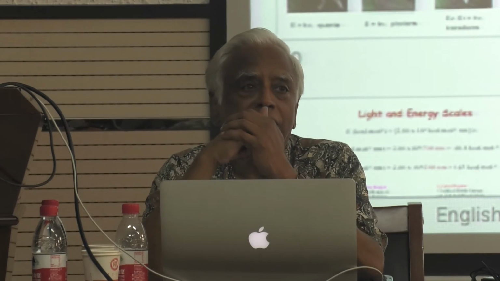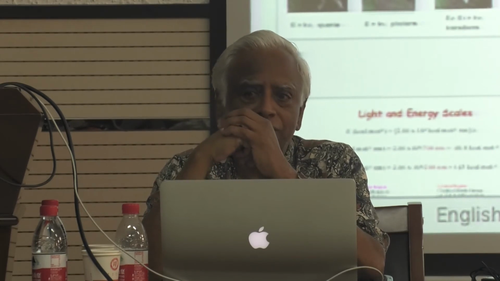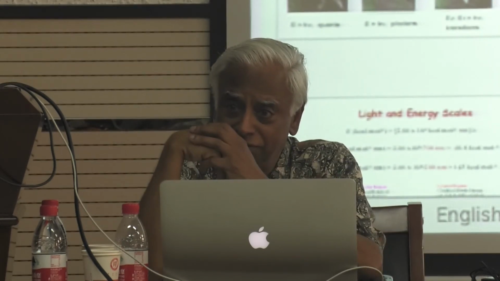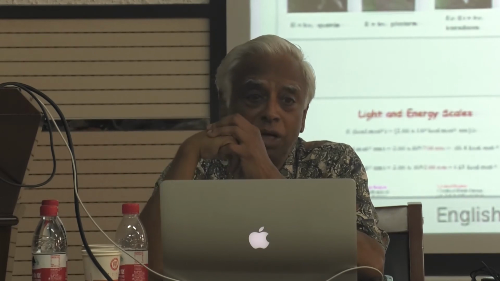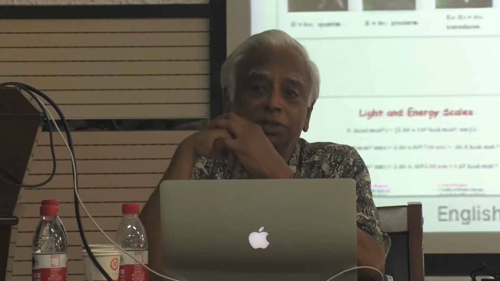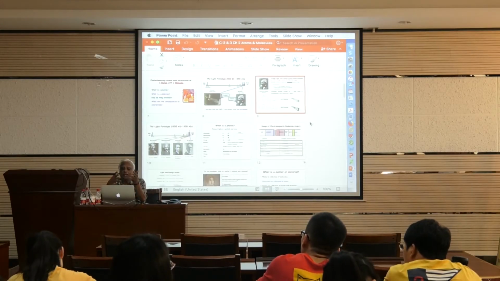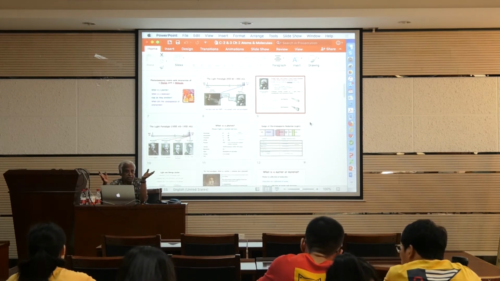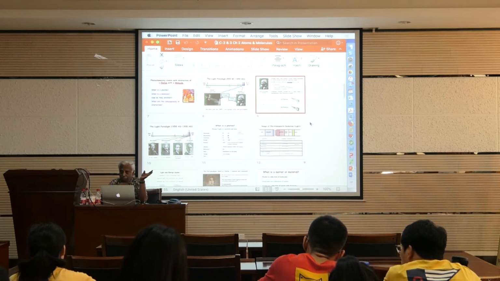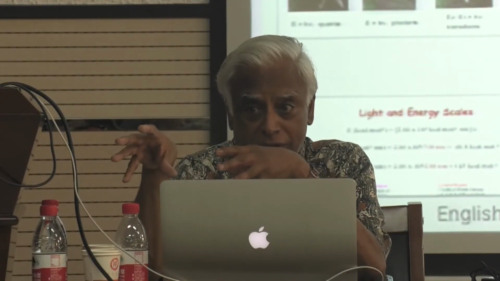Suppose you have a wavelength of 700 nanometers and then another one of 300 nanometers. Which one has got more energy? The 300 one has more energy than the 700 one. 700 nanometers has lesser energy compared to 300.